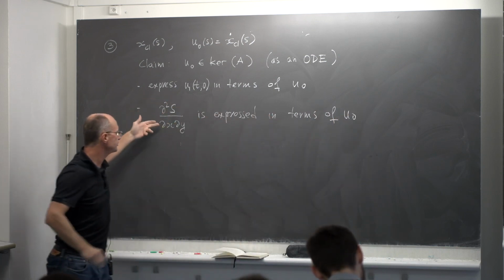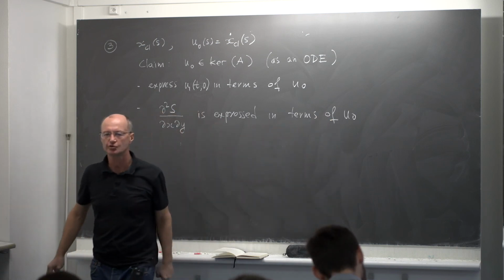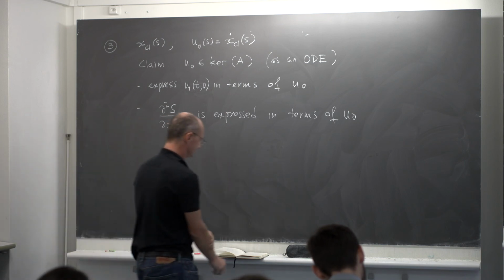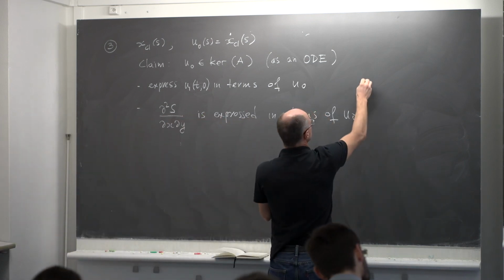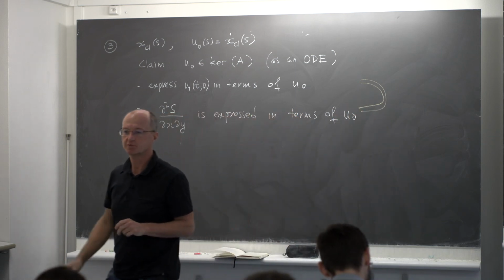Of course, it's expressed in terms of the classical trajectory, and in particular, it turns out you can write it down in terms of u naught. Miraculously, these two expressions coincide.